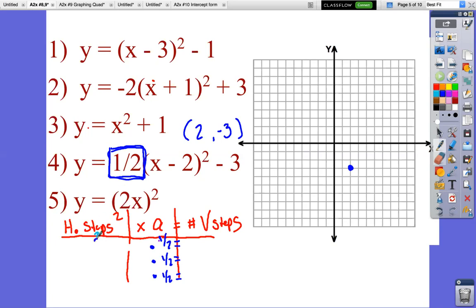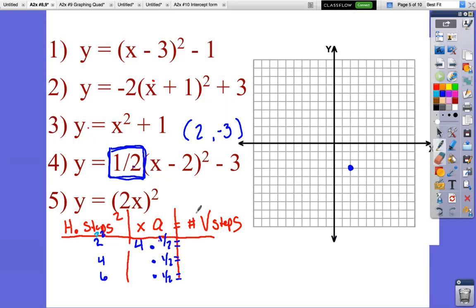So I'm going to use 2, 4, and 6. Anytime your a value is a fraction, use multiples of your denominator for your horizontal step. So if I take 2 steps, I have to square it. 2 squared is 4. What is 4 times your a value?